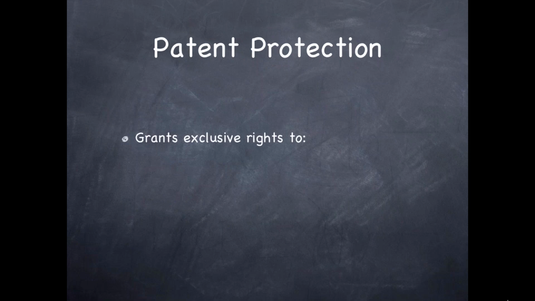For patent protection, you are receiving an exclusive right, or if you prefer, a monopoly, to manufacture, use, and sell whatever this product would be. Some companies, when they receive a patent, want to allow anybody to manufacture, anybody to use, anybody to sell, because the timeline is pretty prohibitive. It's 20 years for utility, 14 for plant and design.